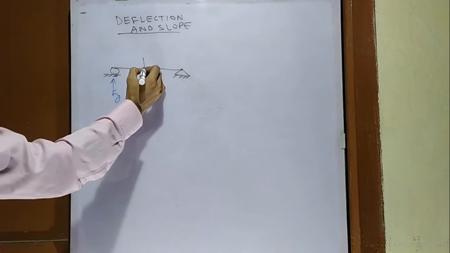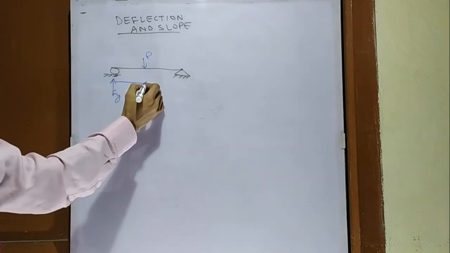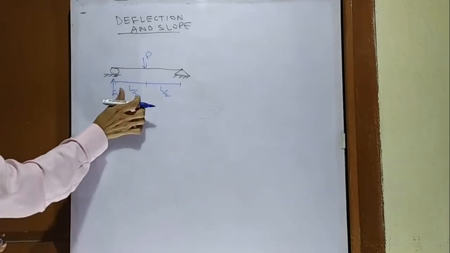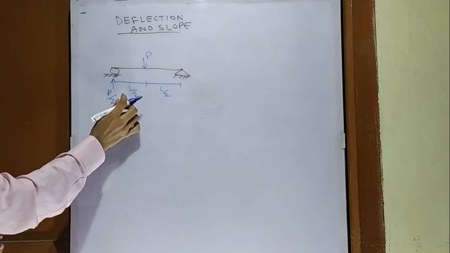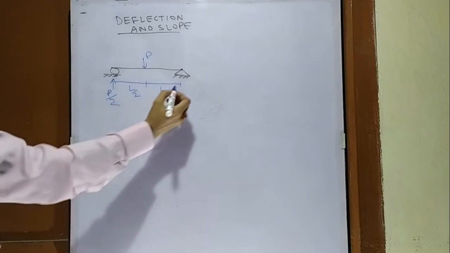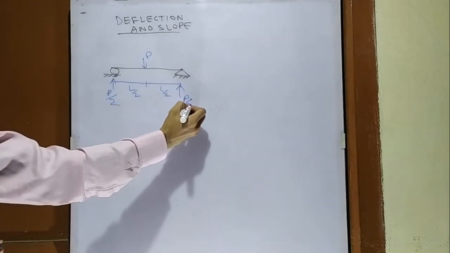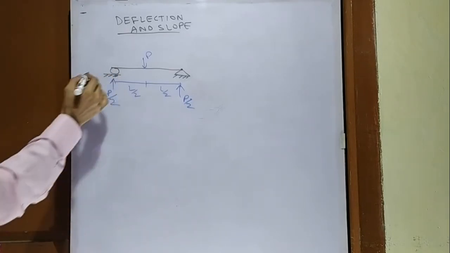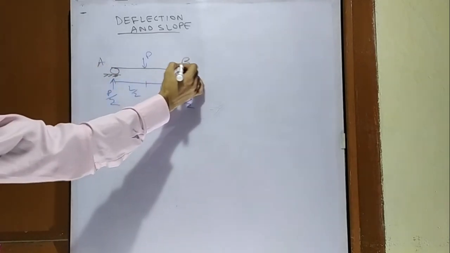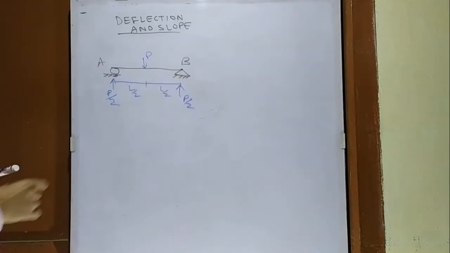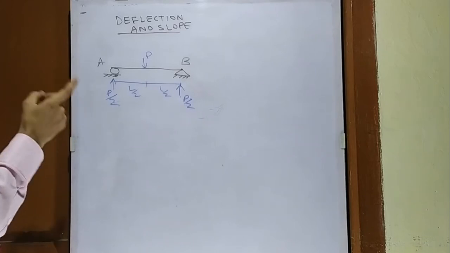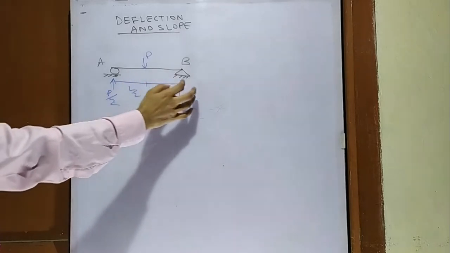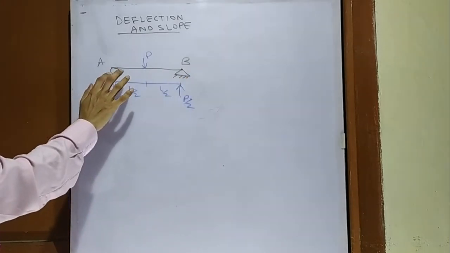If we apply a load P at the midpoint of this beam, L/2 from here and L/2 from here, we will get P/2 here and P/2 at support B. Let us name this support A and this support B. At support A and support B we will have rotation. We will not have any type of translation at B, but we can have translation at A.